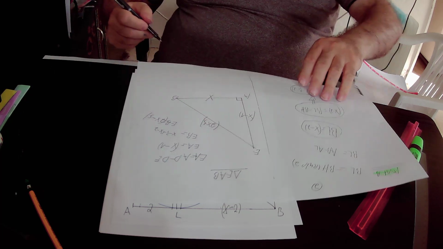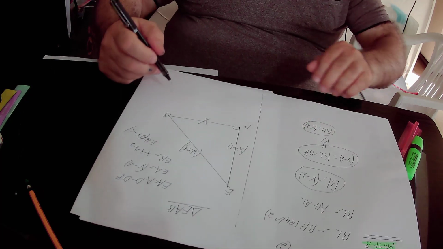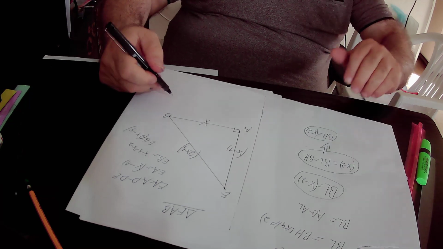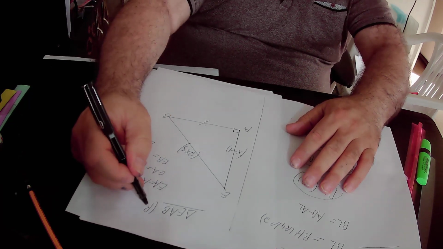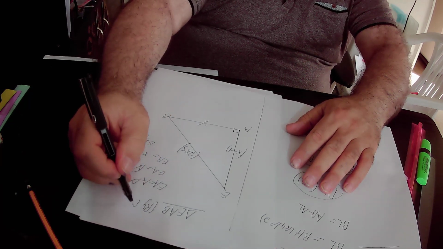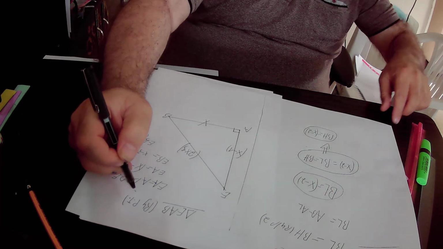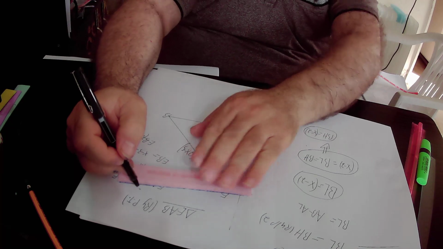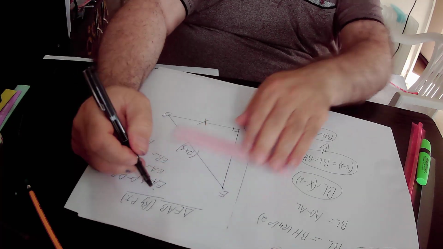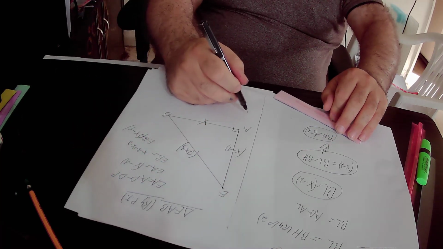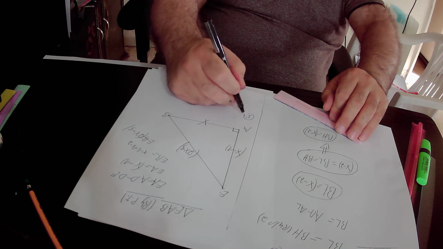Now we will implement the Pythagoras theorem on this right triangle EAB. Here, PT is an abbreviation for Pythagoras theorem, and this will be equation number 1.